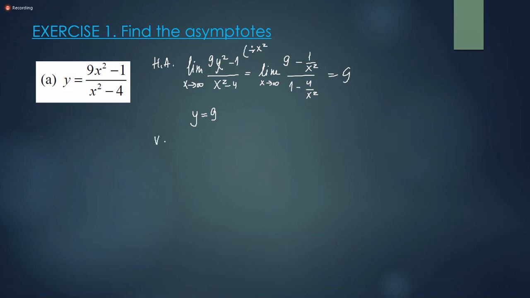And for the vertical asymptotes, we see that the function is not defined at the points where x squared minus 4 is equal to 0. For a rational function, this is perfectly normal. So we have vertical asymptotes at x is -2 and x is 2, two vertical asymptotes.